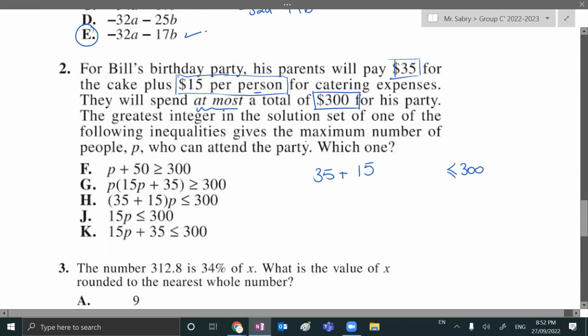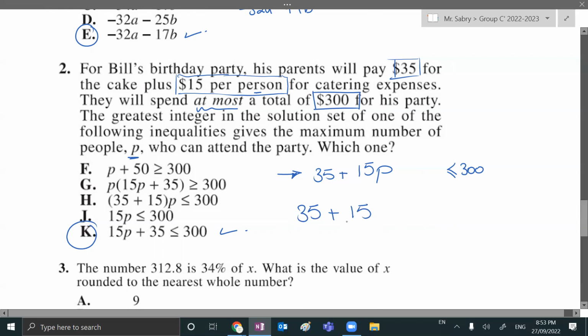Please understand that they asked for the maximum number of people P, so they did represent the number of people with P. When you look at what you've written here before they even ask you the question, you'll find that you've already got the answer, which is K. So again, this is a basic literal translation question. There is a 35 that was paid at the very beginning, and then they said plus, and then they said 15 per something.